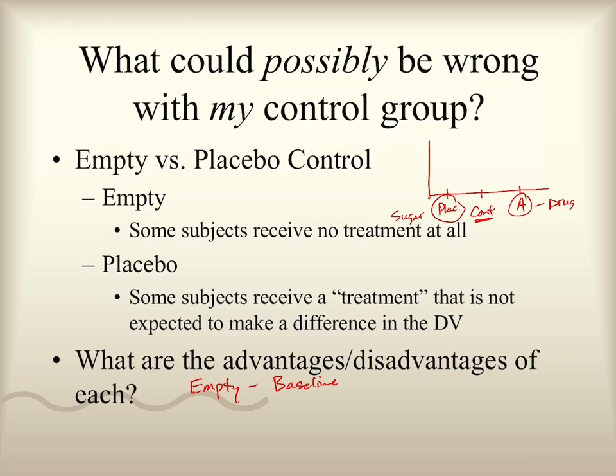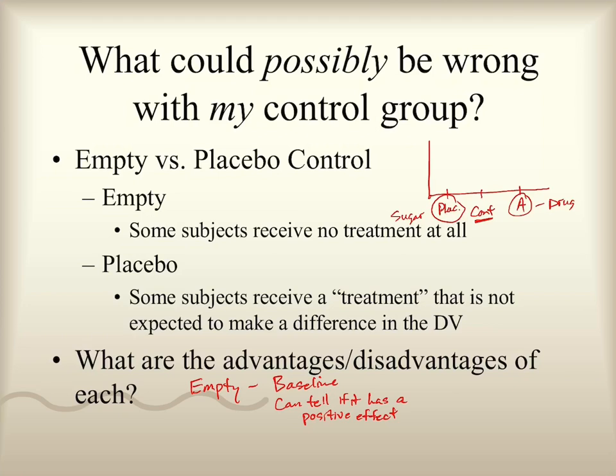When you compare your drug to this baseline, you can tell if it has a positive effect. In other words, I can know whether or not giving people my drug actually makes them happier than they would be normally, or if it makes them worse than it would be.